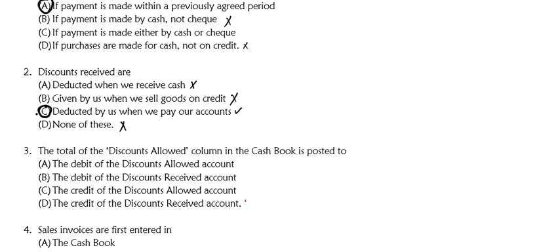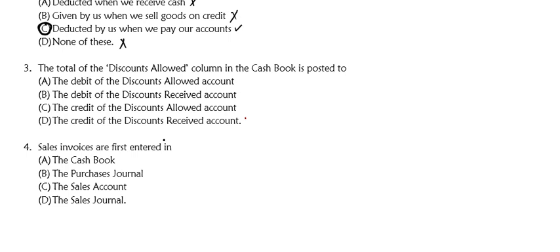They will deduct the amount you're supposed to pay, that is, if you're paying your accounts within the credit period. So that's a discount received, deducted by us when we pay our accounts. Normally it's the supplier that makes the deduction, but that deduction is made when you pay your accounts.